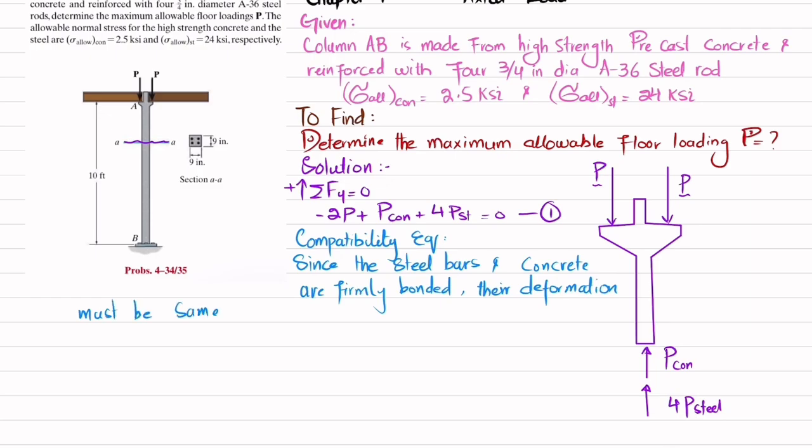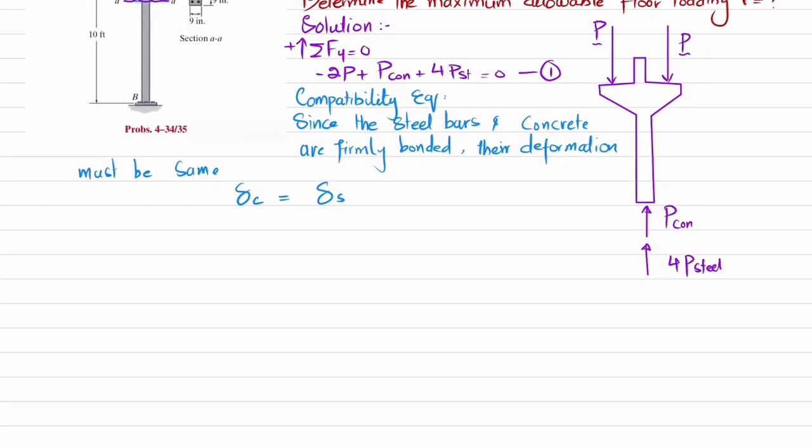It means that the deformation in concrete will be equal to the deformation in steel. We know that the deformation in concrete is equal to P concrete into length of concrete divided by area of concrete into modulus of elasticity of concrete, and the deformation in steel is equal to P steel into length of steel rod divided by area of steel rod into E of steel.